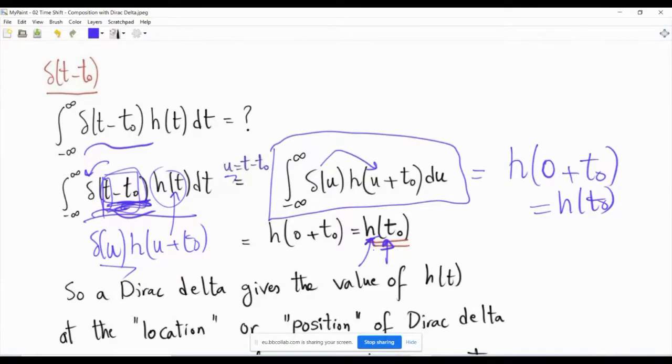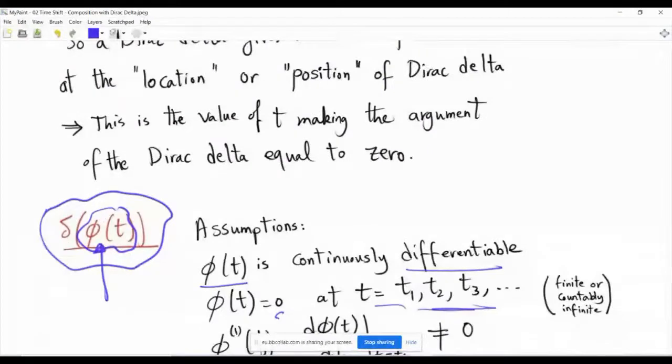So we will push this further and say that, delta over 5t, what we really care about are the values of t that will make 5t equal to 0. Because if 5t is equal to 0, then basically the argument of the Dirac delta will be 0.